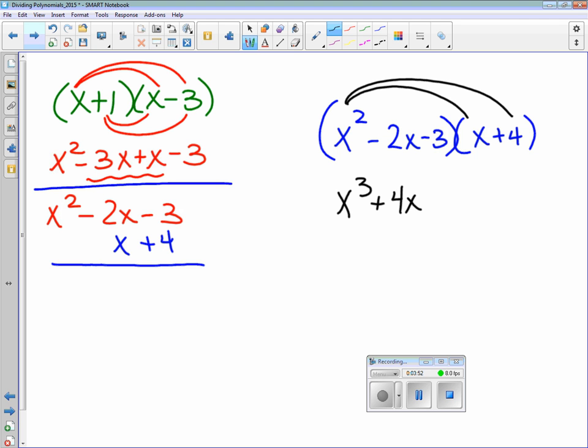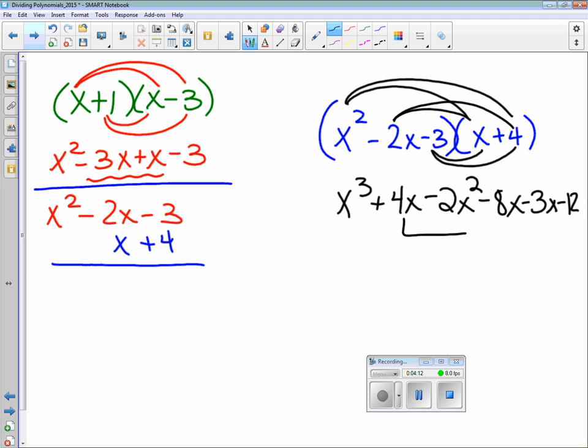And then we're going to take the next one. Negative 2x times x. Negative 2x squared. Negative 2x times 4. Negative 8x. Then we have to do the last one. Negative 3 times x and negative 3 times 4. Negative 3x, negative 12.